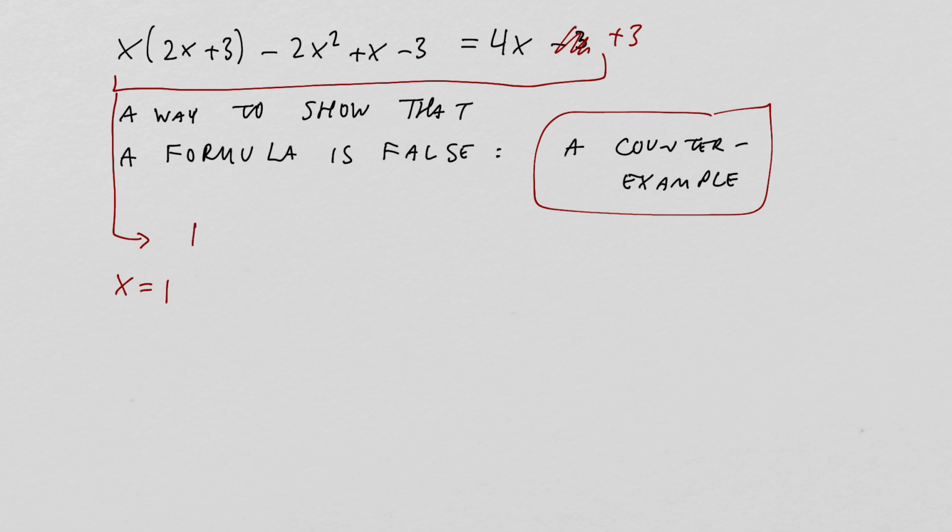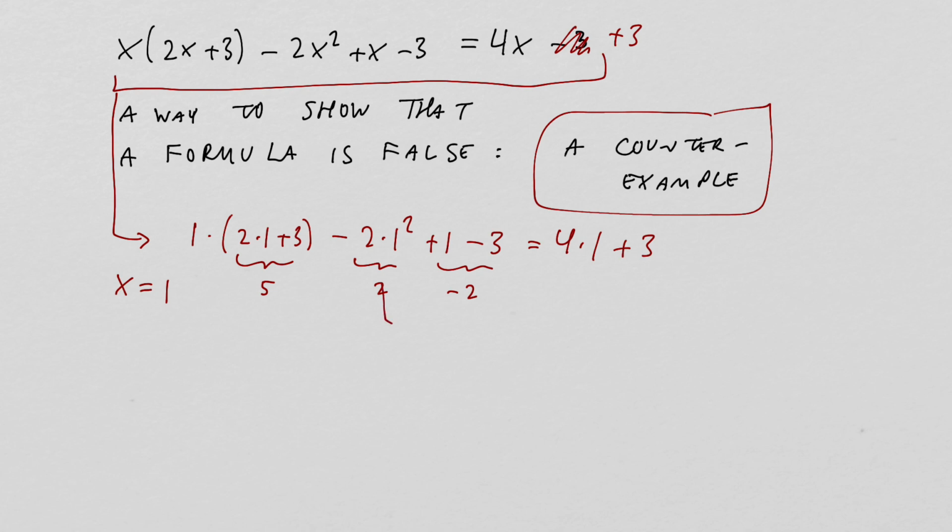We would get 1 times something like this. Well, this seems to be 5, and this gives 2, and this gives minus 2, this will cancel out, and in the right hand side we will get 7, so it seems we will get that 5 is equal to 7. Well, this is not true.